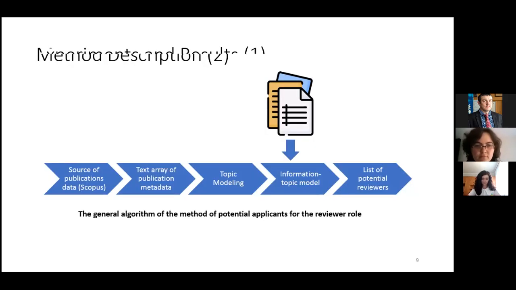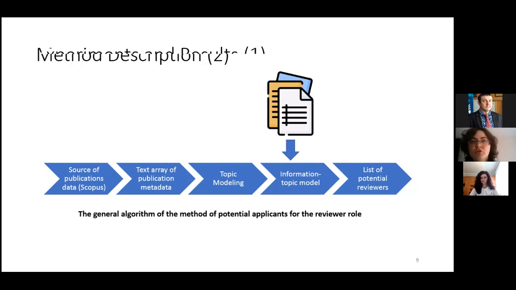We used not all tokens, we used nouns, verbs, and adjectives for our experiments. After this, we put this information into the topic modeling model.